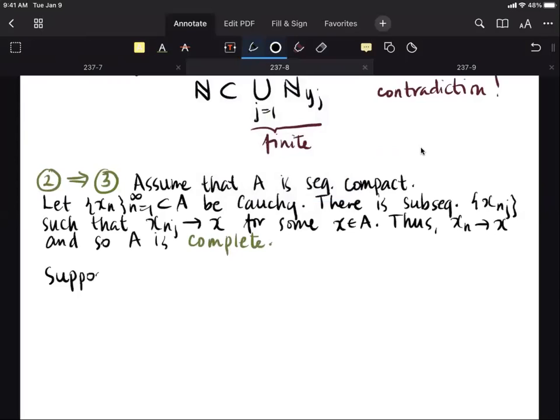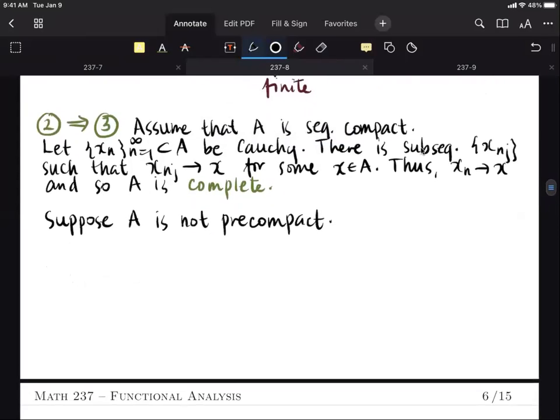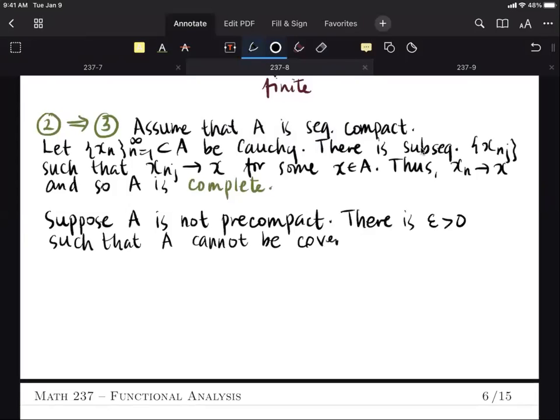Now, for pre-compactness, again, by way of contradiction, suppose A is not pre-compact. So this means that there is some positive epsilon such that A cannot be covered by finitely many balls with radius epsilon.